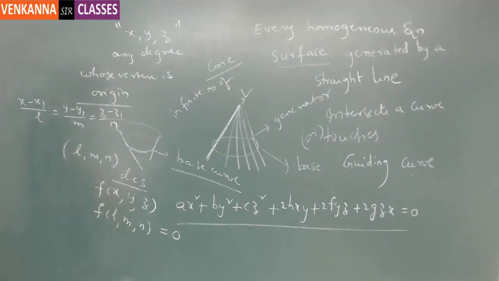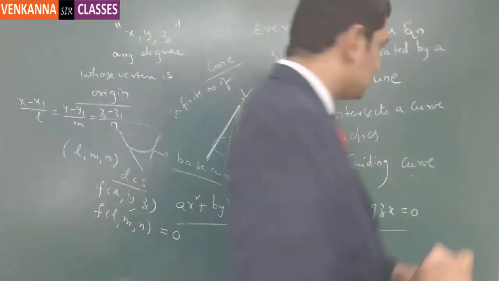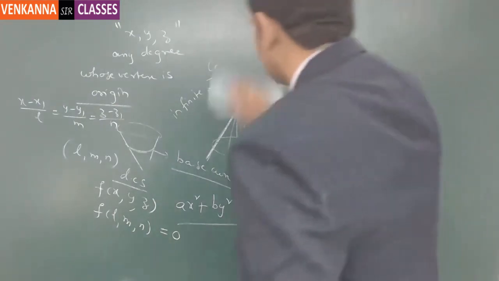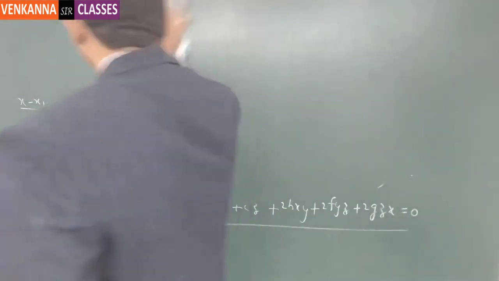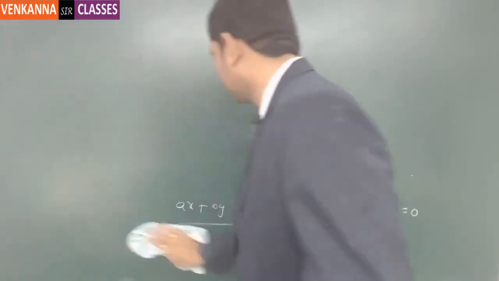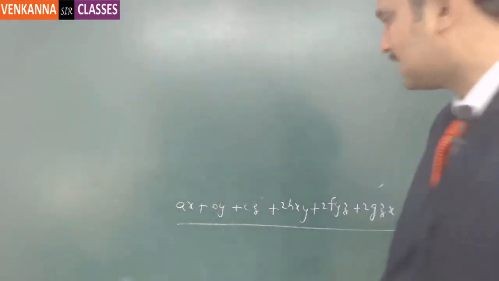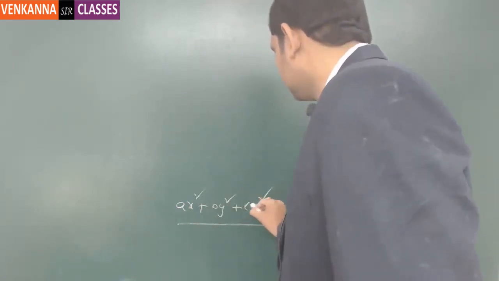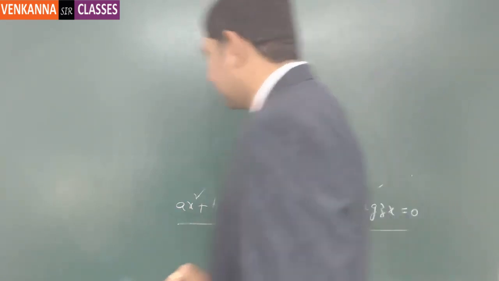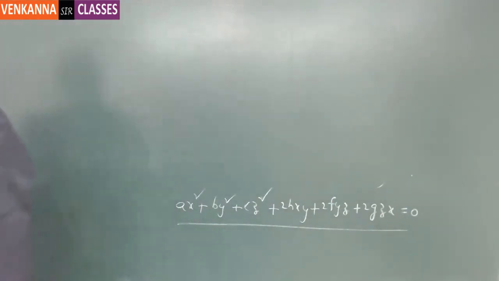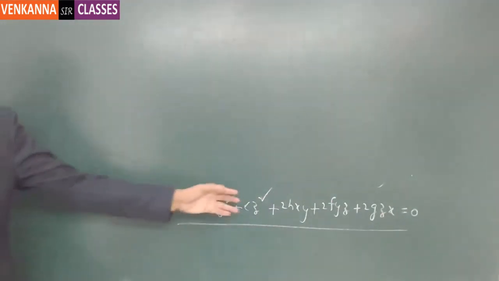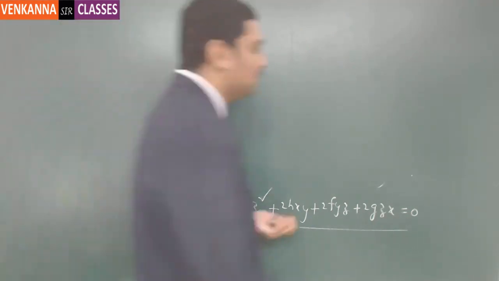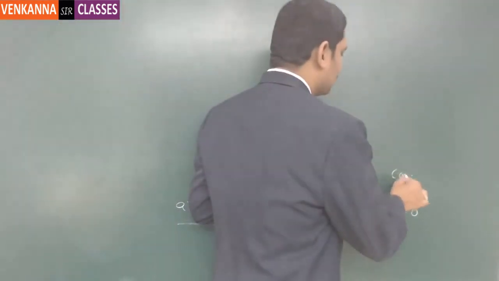Fine. Now, another result I am going to deduce here. Consider the equation ax square plus by square plus cz square plus so on, which is a homogeneous one. Obviously, the vertex of the cone is nothing but the origin.